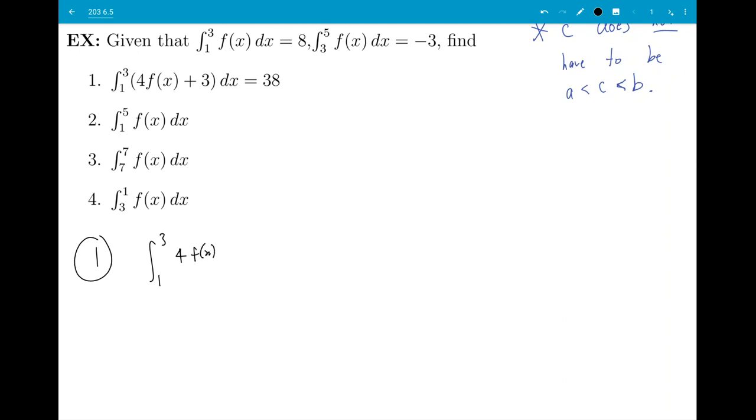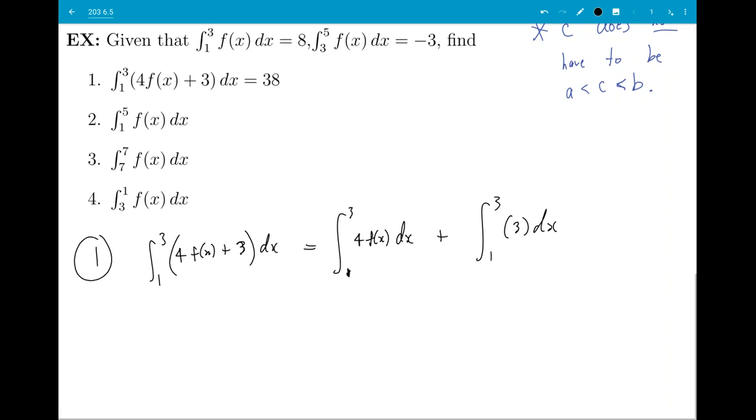The integral of 4 f of x plus 3 dx. I'll use the properties. Properties say that you can, first of all, do a distribution: the integral of 4 f of x plus the integral from 1 to 3 of 3 dx. Then the 4 can come out of the first integral.